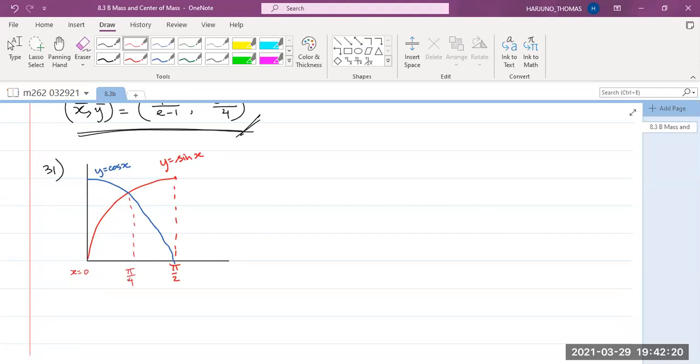So which region is bounded by this? To be more precise, are we talking about this region or this region?